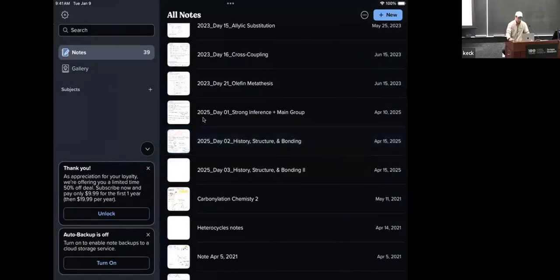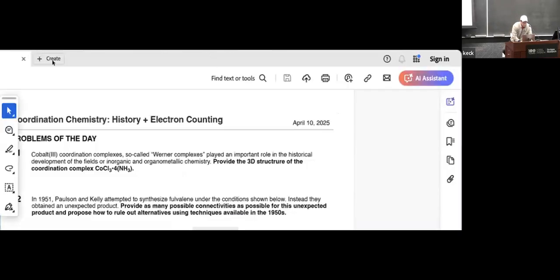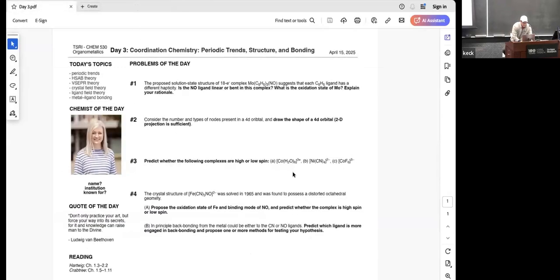So let's now take a look at the problem of the day, number 1. Sorry, I'll try to avoid jumping between days. Here we have a chance to practice electron counting with NO. There are some guiding principles if you encounter a molecular formula that has a nitrosyl ligand, for determining whether it's bent or linear.